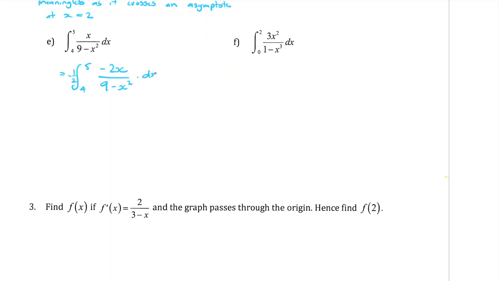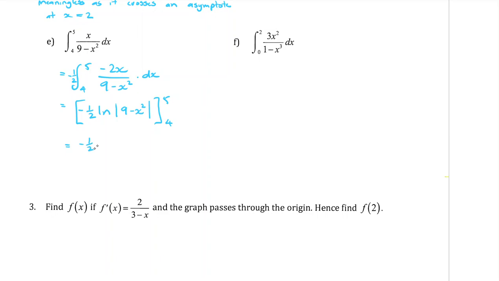Okay, then I can integrate the negative a half, then ln of absolute value 9 minus x squared between 4 and 5. Okay, let's sub those in.